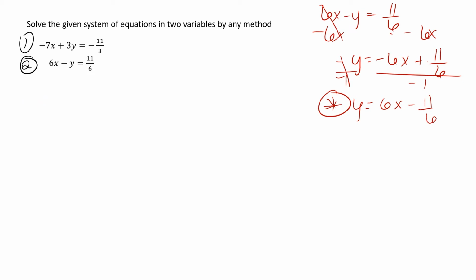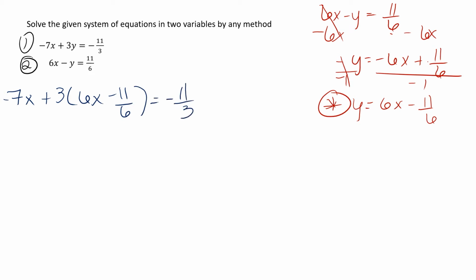I'm going to rewrite it really fast. Okay. Negative 7x plus 3 times my starred equation, 6x minus 11 over 6, equals negative 11 over 3.